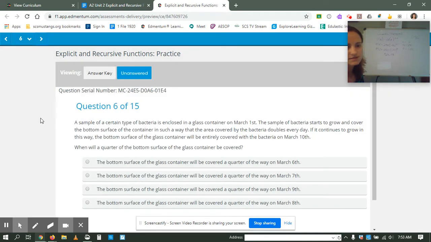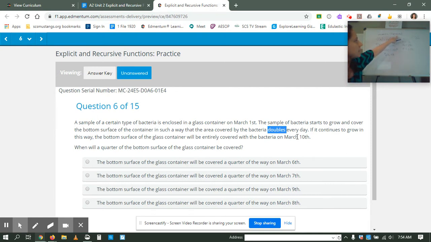Looking at 6, a certain type of bacteria is enclosed in a glass container on March 1st. The sample of bacteria starts to grow and cover the bottom surface of the container in such a way that the area covered by the bacteria doubles every day. So it doubles. Automatically, I'm thinking this is not linear.